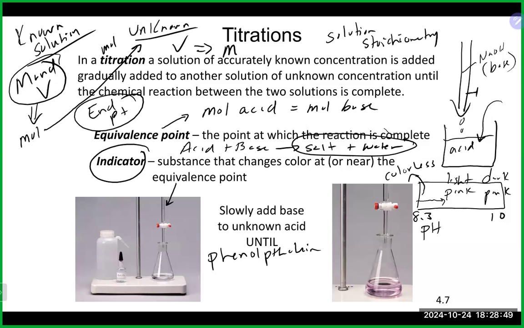The reality, though, is sometimes teachers and people put way too much pressure on it has to be light pink. And there is a very small margin of light pink to dark pink. And this is commonly what you hear when you do a titration.